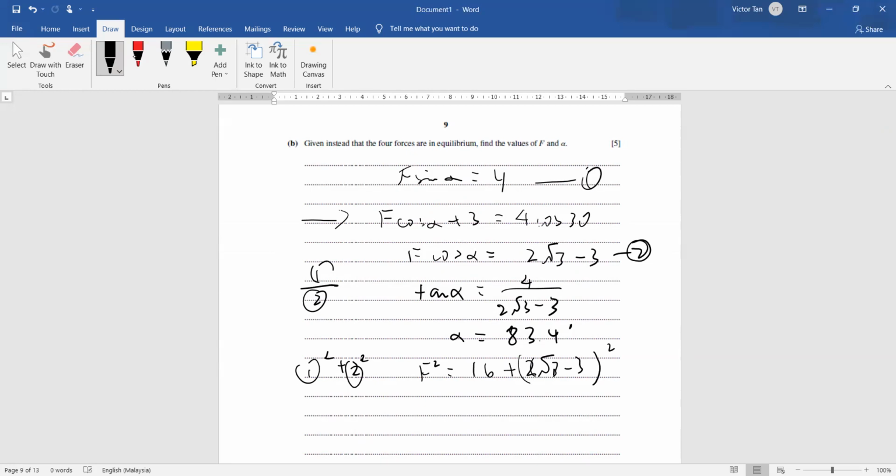Square root. The answer is 4.03. Okay, good.